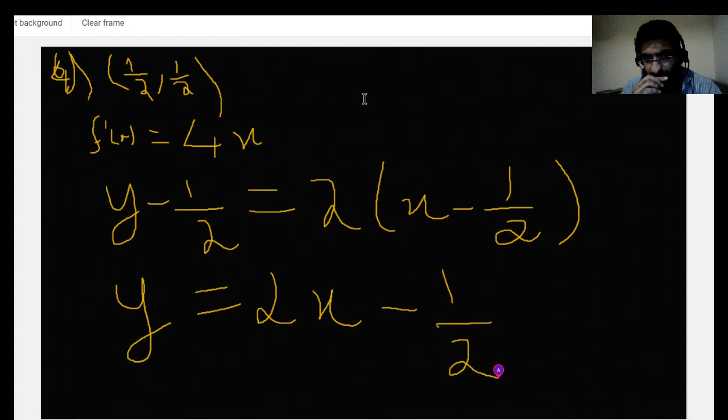Which means that this is the point at which it intersects. This is the equation of that line.